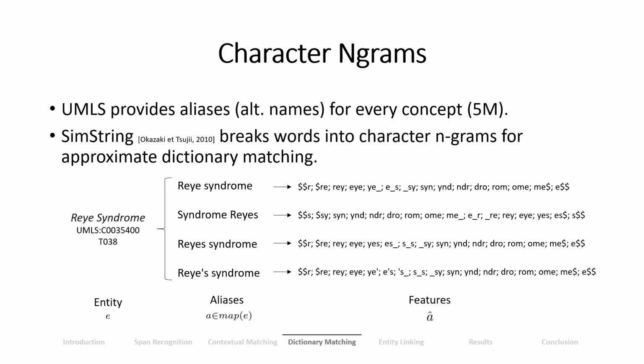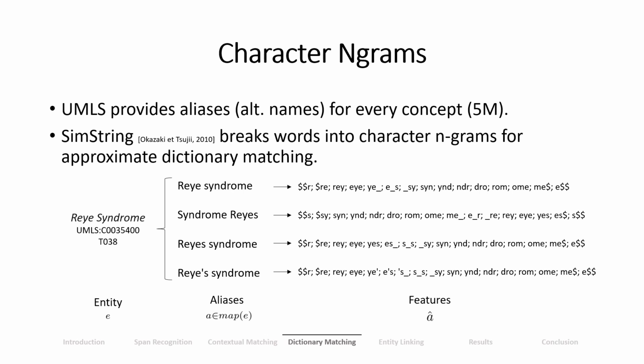Our other matching method explores character n-grams. We take advantage of the fact that UMLS provides a large set of alternative names for every concept. Using SimString, we break words into fixed-size character n-grams, trigrams in particular, that can be used for approximate dictionary matching. So for instance, the concept for this syndrome has 4 name variations.